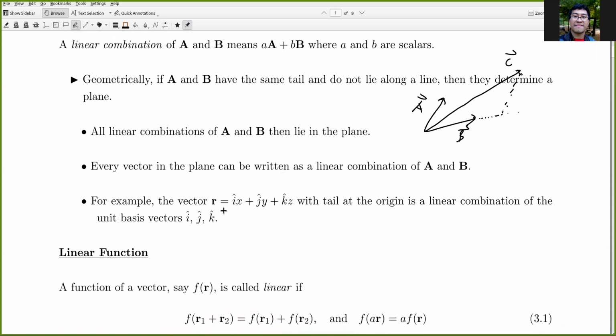So you can write a vector xi plus yj plus zk with tail at the origin as a linear combination of the unit basis vectors i, j, and k.